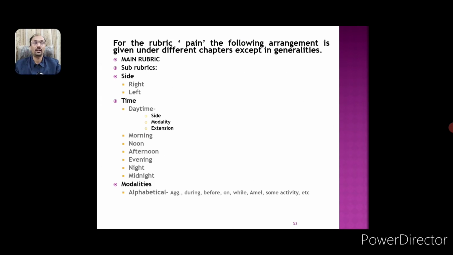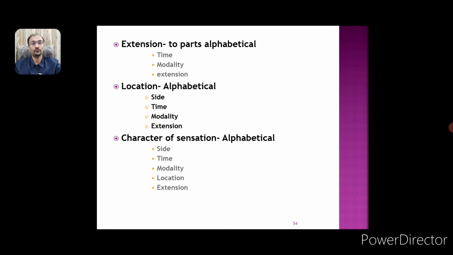So again, to see it in a simple manner, for every rubric of pain we are going to find the following sub-rubrics: the main rubric, the sub-rubric in side right and left, then time modalities in day phases, modalities in alphabetical order, then comes extension, also having some modalities, extension and time, then locations in alphabetical order, and locations again containing the same site, time, modality and extension, and the last, the character of pain.